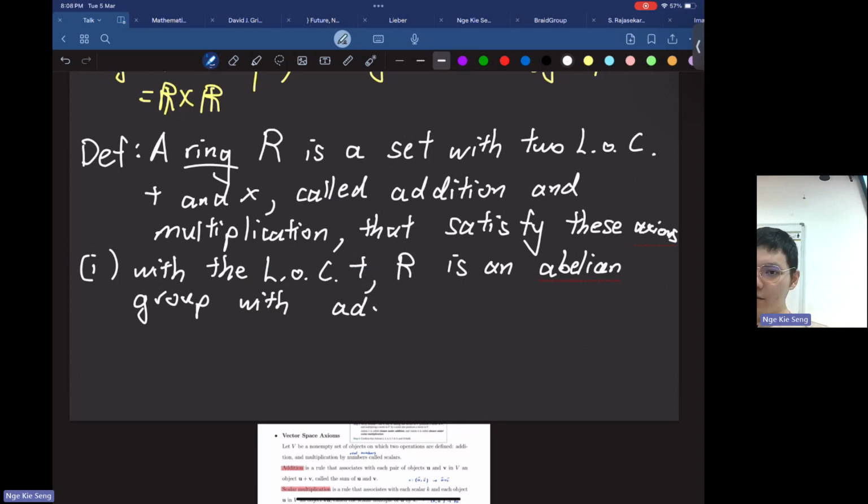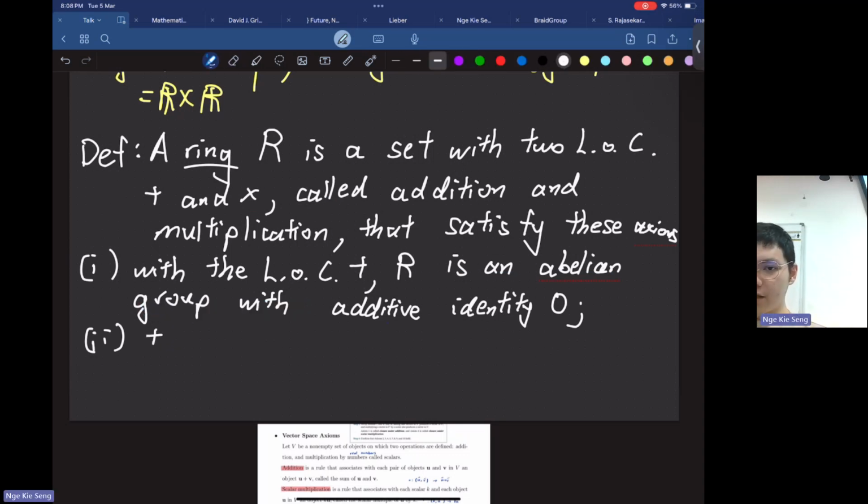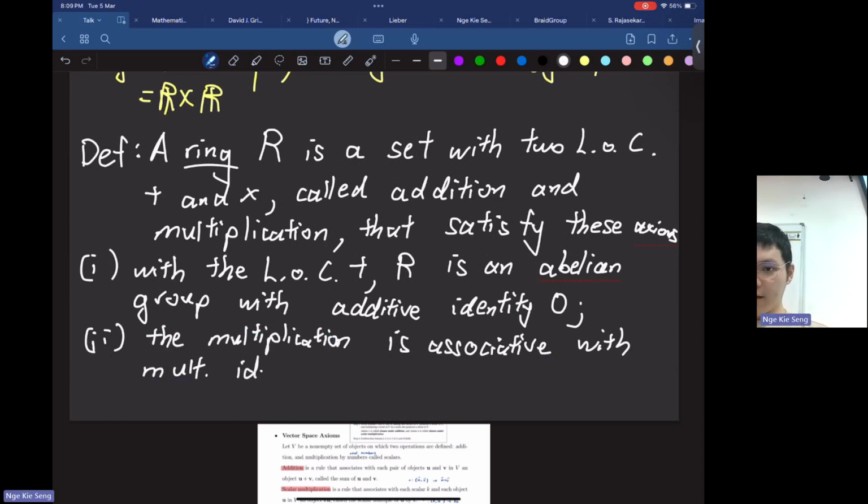Is it true? Second, the multiplication has to be associative, with a multiplicative identity, let's call it 1 in this case.